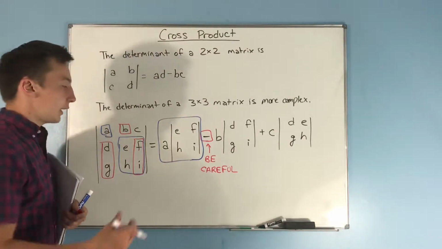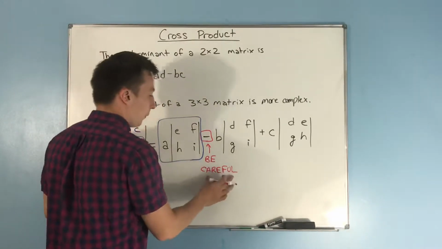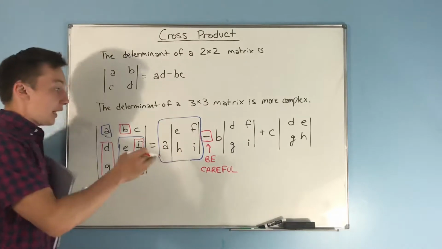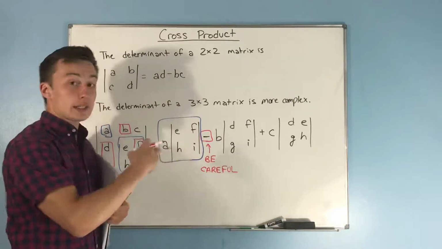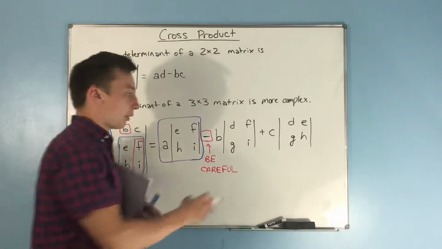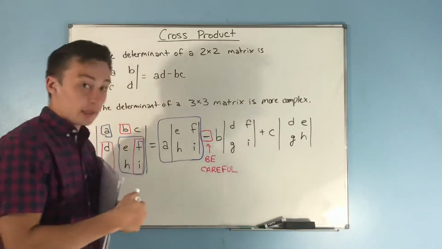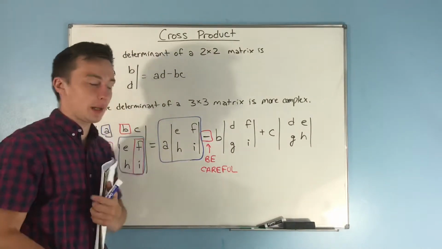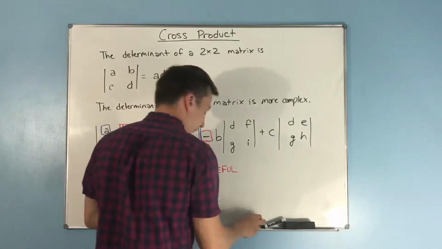Next you have B times the determinant of this 2x2 matrix. I noted here, be careful because you have a negative there. It's minus that and not plus that. That's something a lot of people mess up when doing the cross product, so just keep that in mind.